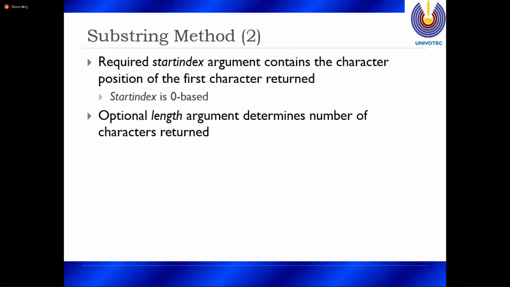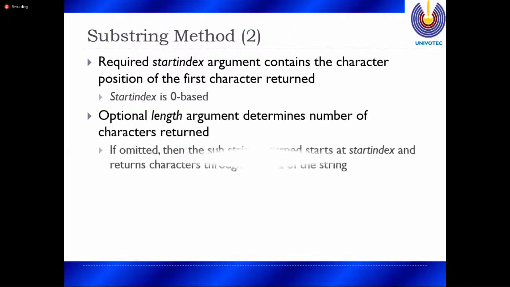The optional length argument determines the number of characters returned, how many characters you want returned for the substring. Without that argument, the rest of the string is returned. If omitted, the substring starts at the start index and returns characters through the end of the string.